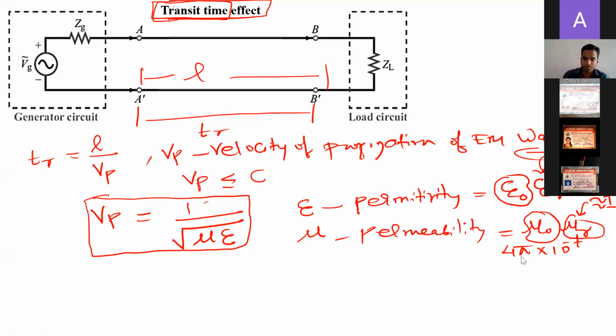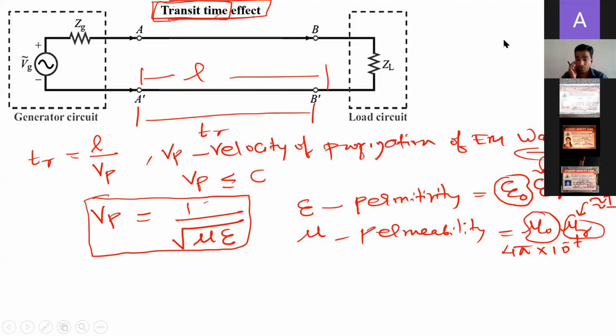I just know that transient time is the time taken by a system to change to steady state. But what is the transit time effect? No, sir, that I don't remember. Okay, fine.